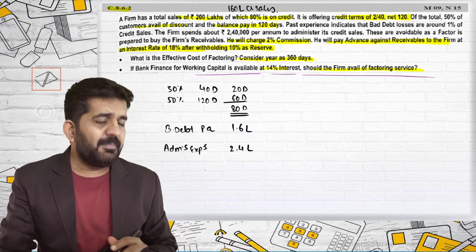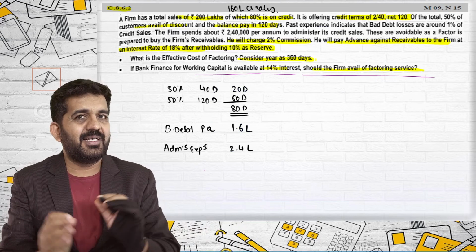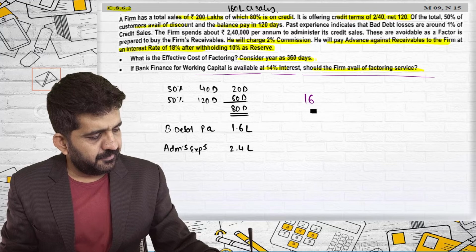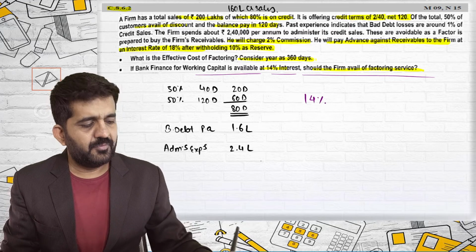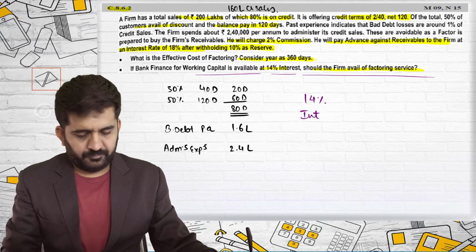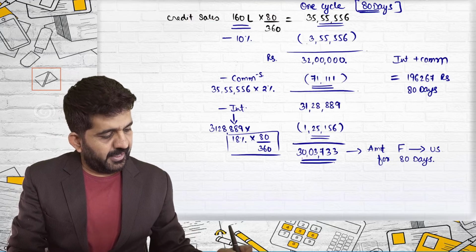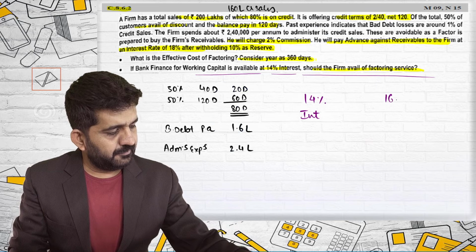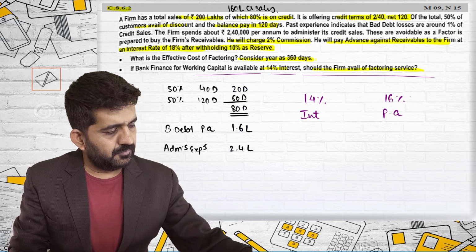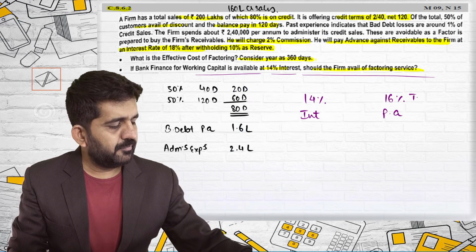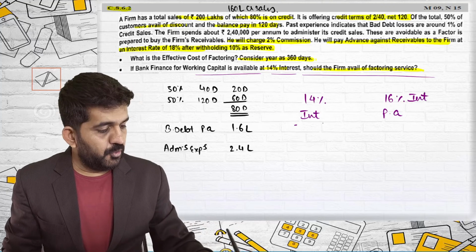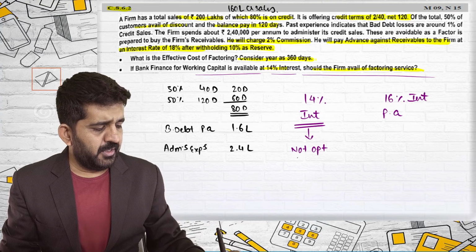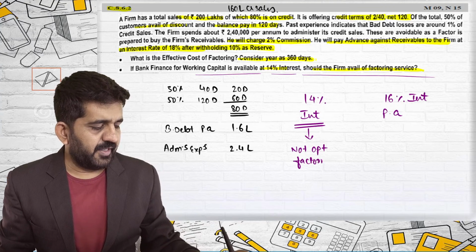But we will be following what is given in the answer, and this will be your answer: as this is 14% interest and as this is 16% interest per annum, you should not opt for factoring.